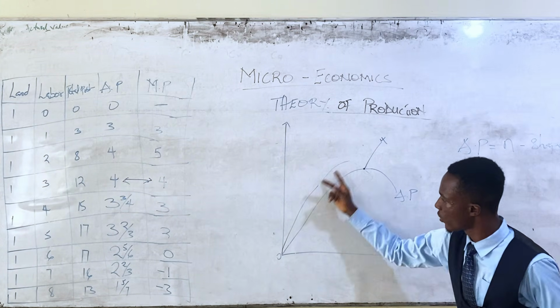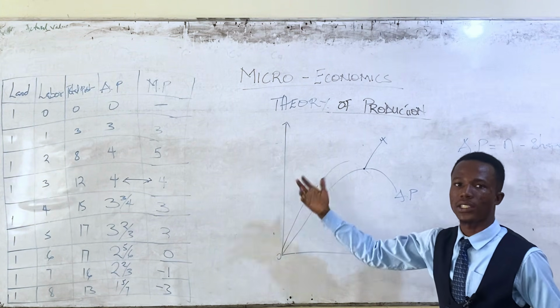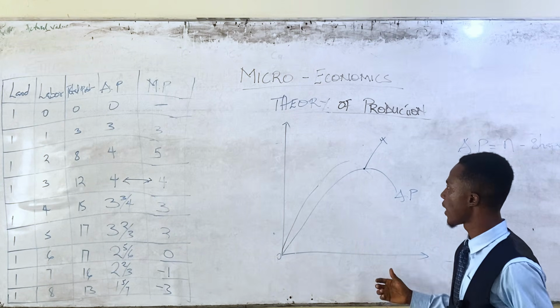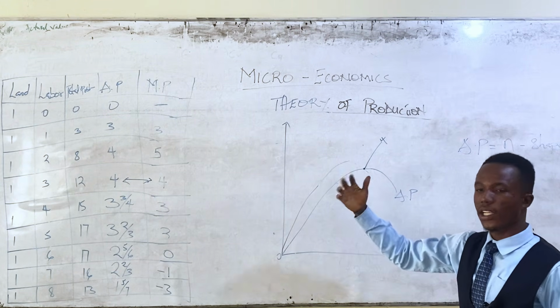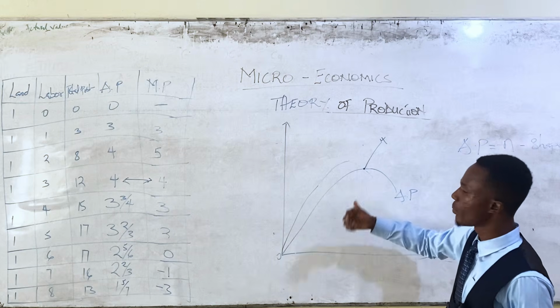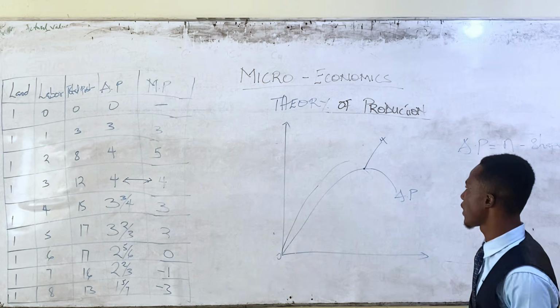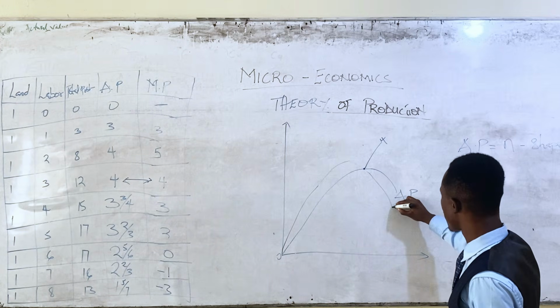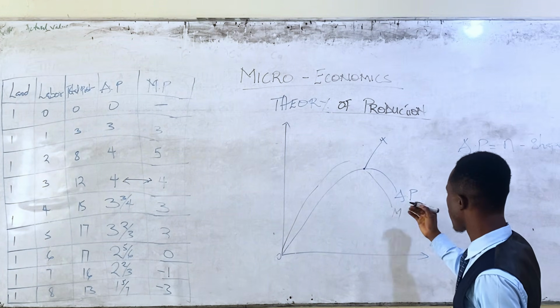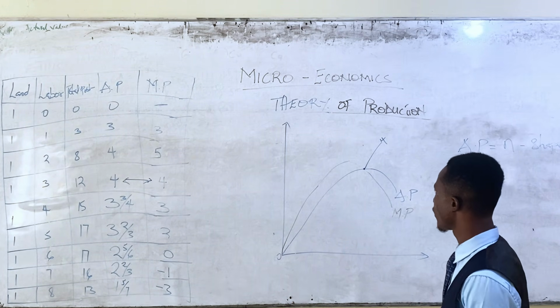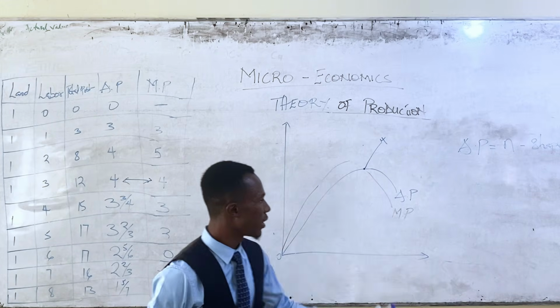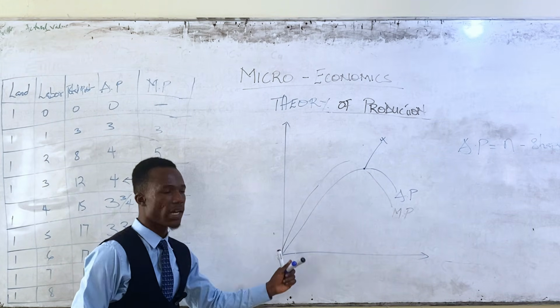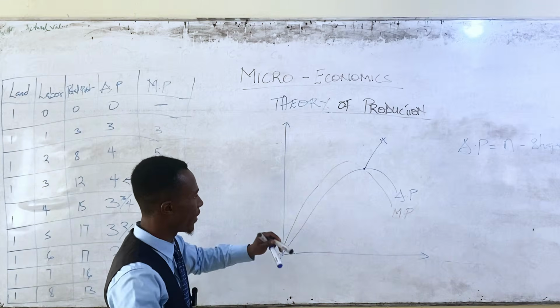So they rise together, but the marginal product rises faster than the average product. But when they get to their maximum, the marginal product falls faster than the average product. So this is how the curve for the average product and the marginal product is.